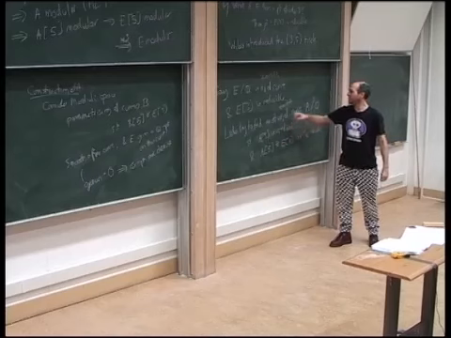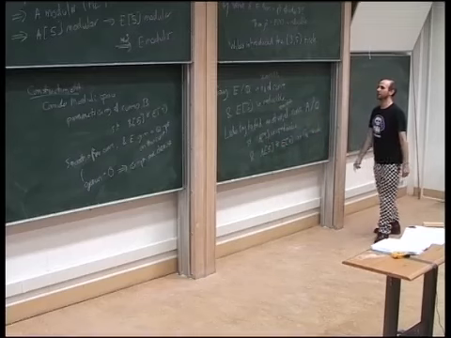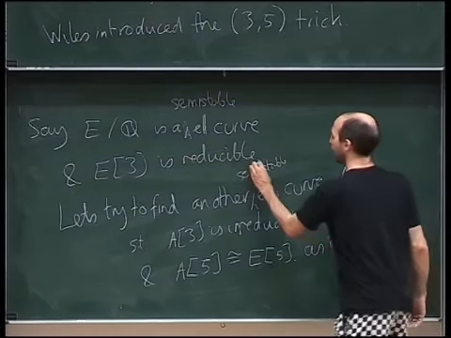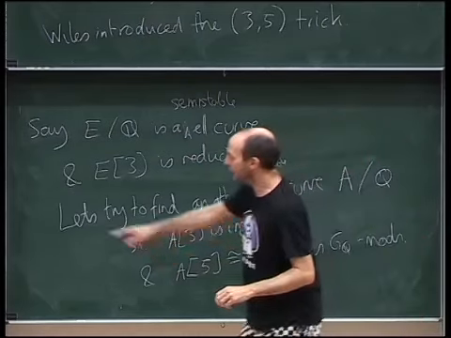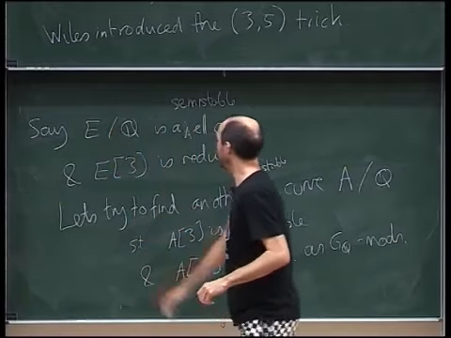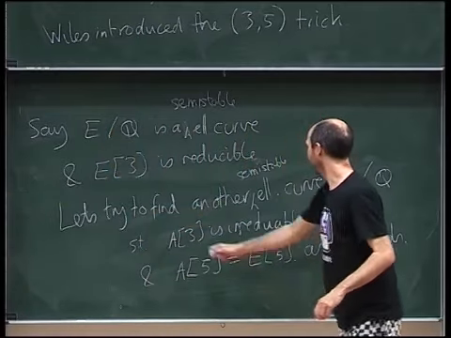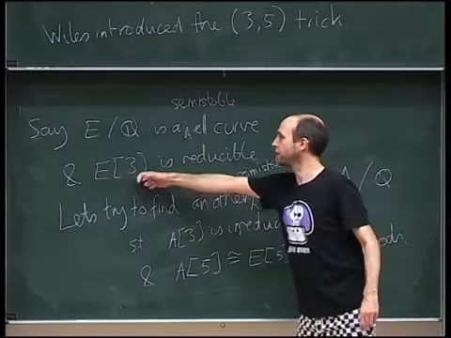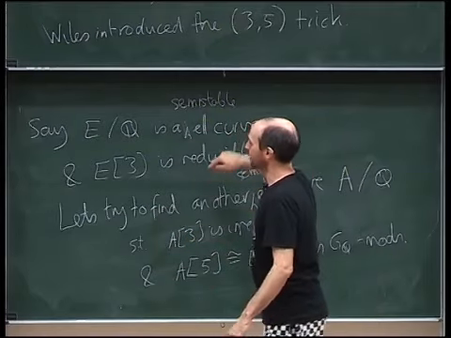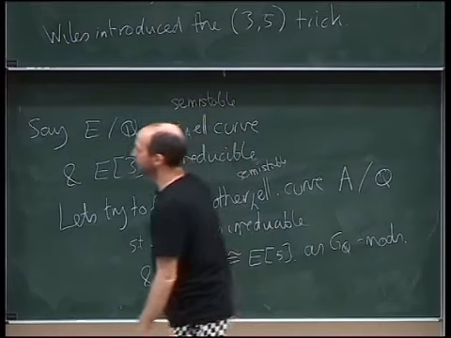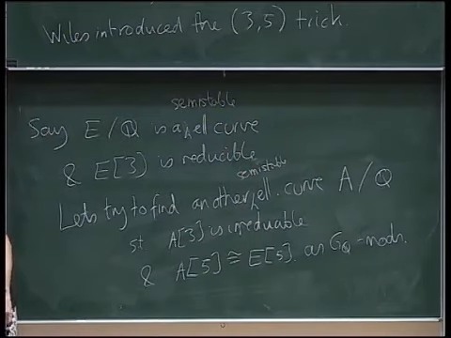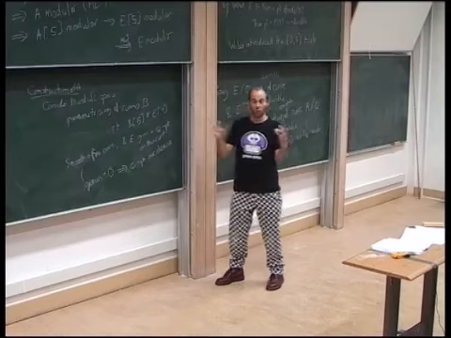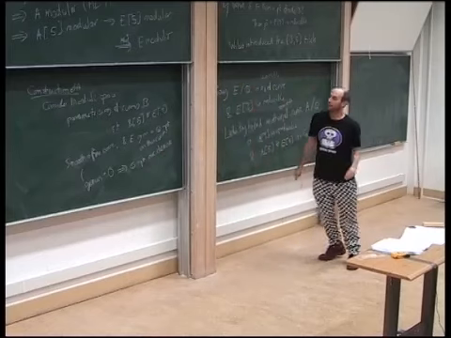Actually, we don't need A to be semi-stable everywhere, I should say. We just need to be... not any rational point will do. For example, we need the 3 torsion on A to be irreducible, and the 3 torsion on E is reducible. But you can check that the points on here corresponding to elliptic curves with reducible 3 torsion are quite a slim subspace.